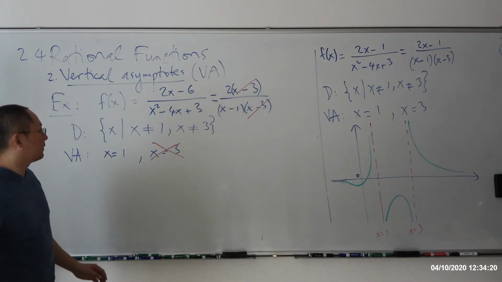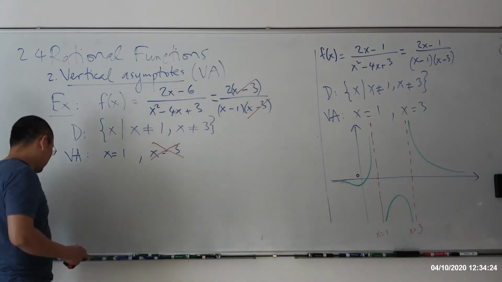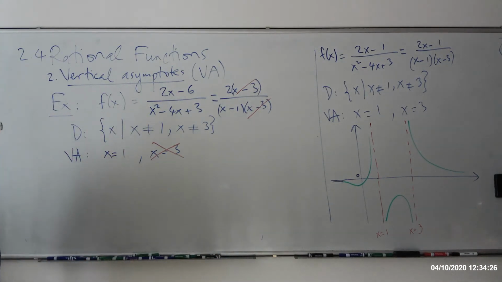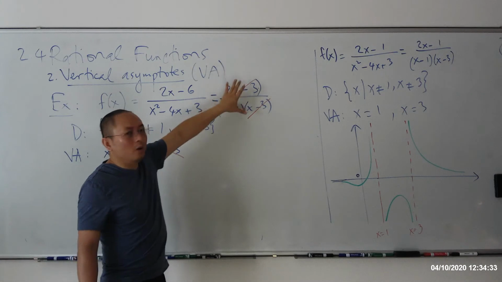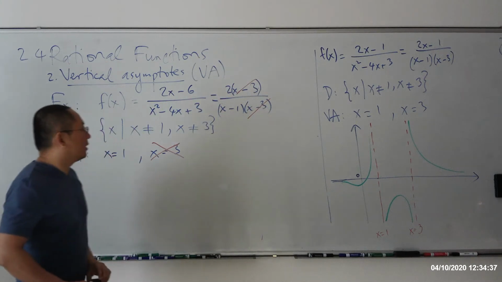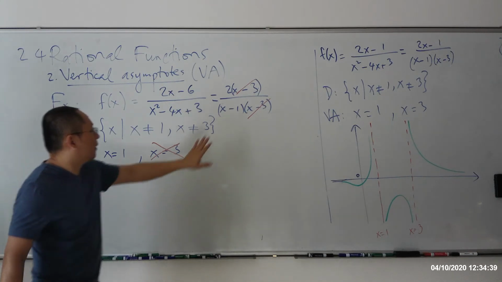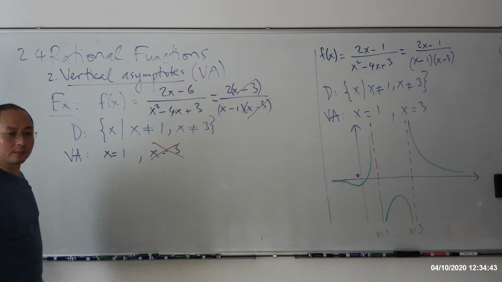And that will take care of all the possible vertical asymptotes that you may find in the rational function. One more time, for a rational function, factor out both numerator and denominator. Cancel out every single common factor that you see. Whatever is left over in the denominator is going to give you the vertical asymptote.